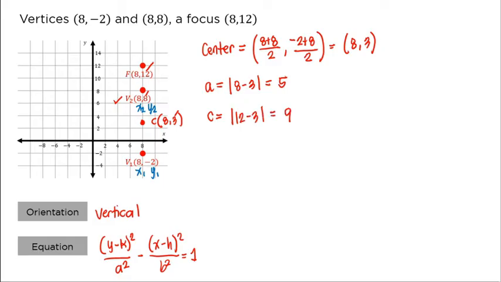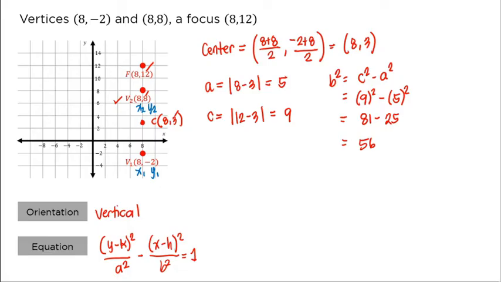So we now have the value of c, so we can solve for b squared. So b squared will be c squared minus a squared, and that is equal to 9 squared minus 5 squared. So this will be 81 minus 25, and that will be equal to 56.